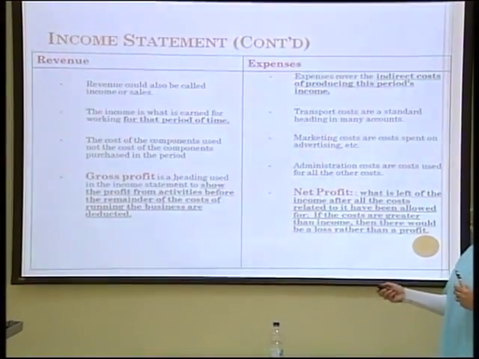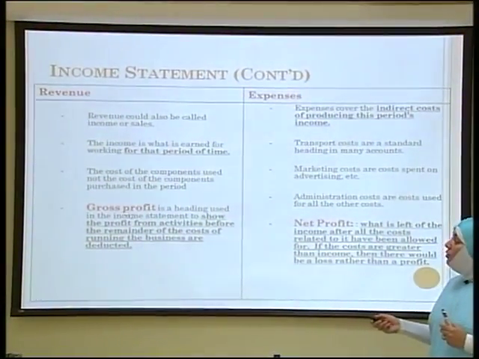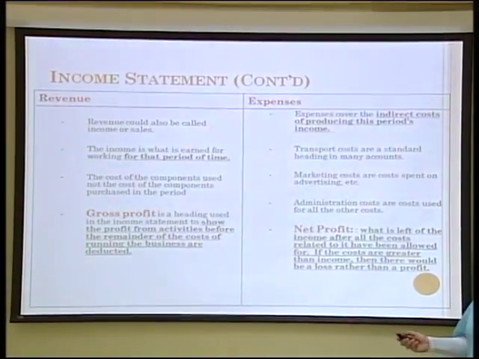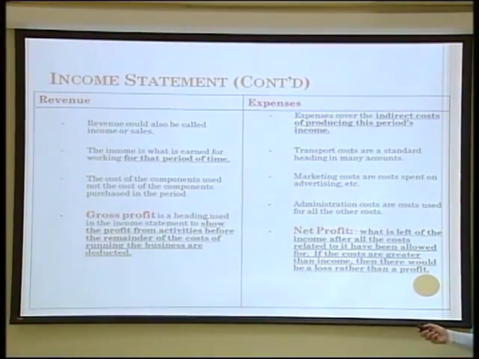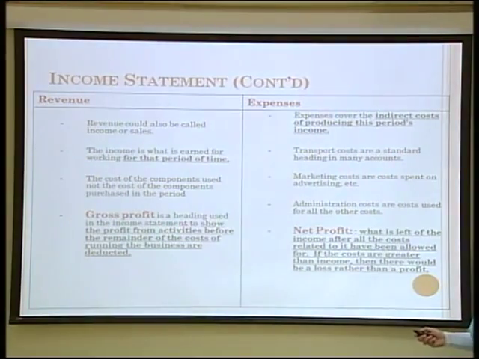Then when we do this, we get what we call gross profit. What is the gross profit? It is a heading used in the income statement to show the profit from activities before the remainder of the costs of running the business are deducted. Am I right? Yes.